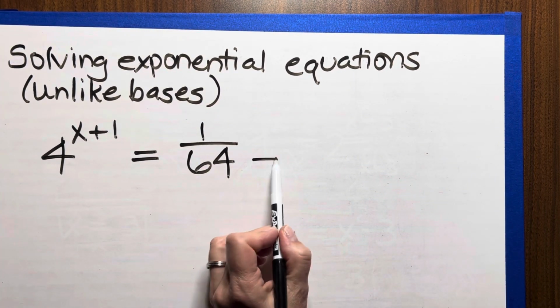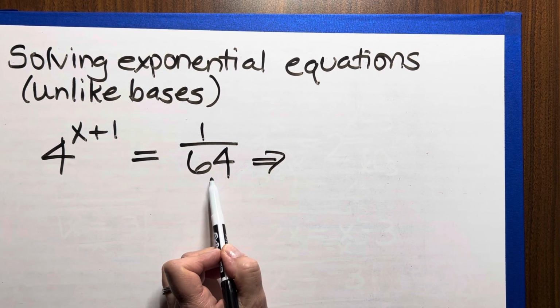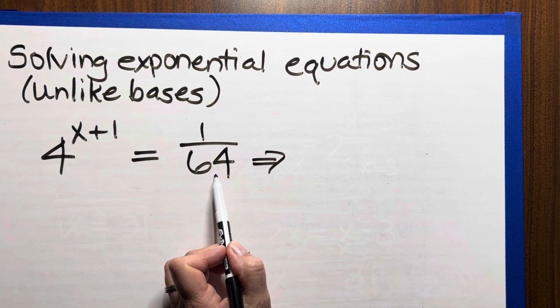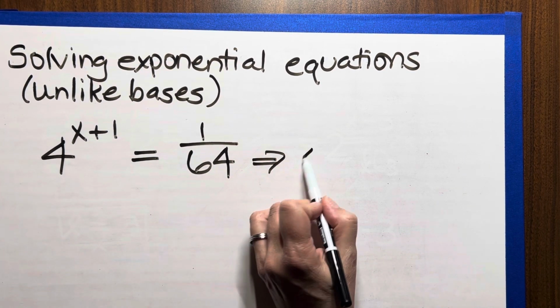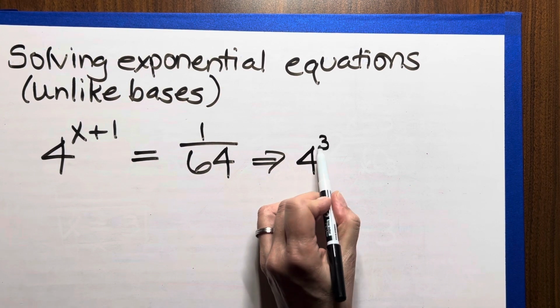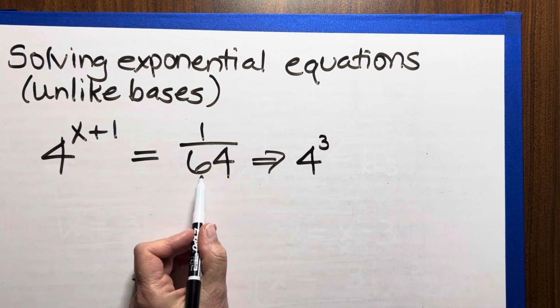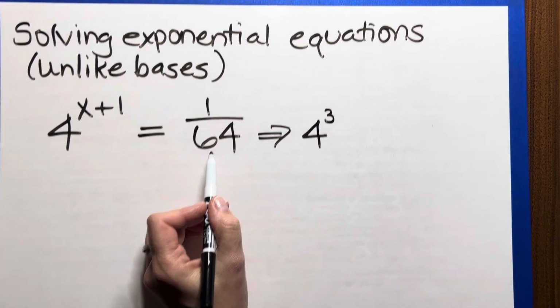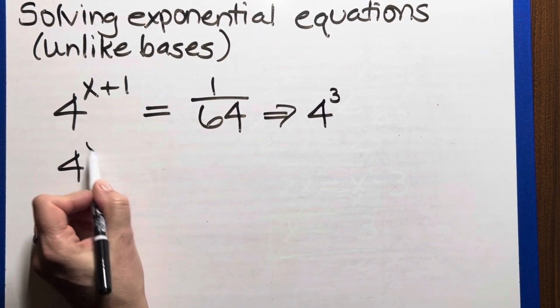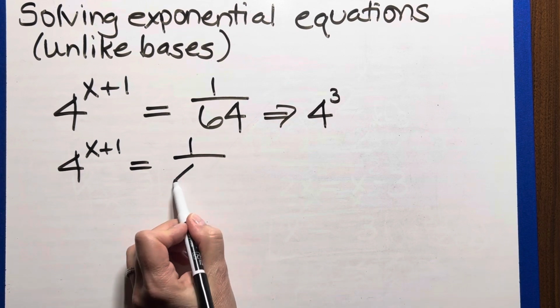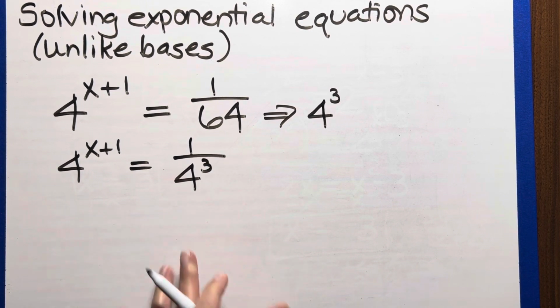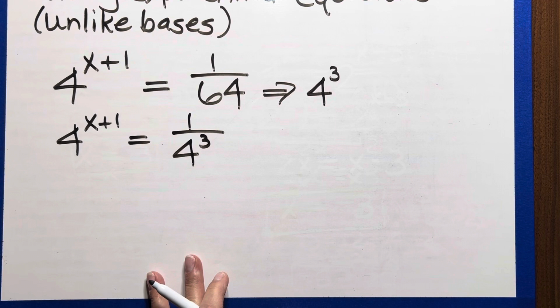The first thing I'm going to do is over here, I'm going to say, okay, how can I turn 64 into something that has a base of 4? And I know that 4 to the third is the same thing as 64. So my first step is going to be turning this fraction into 1 over 4 to the third power.